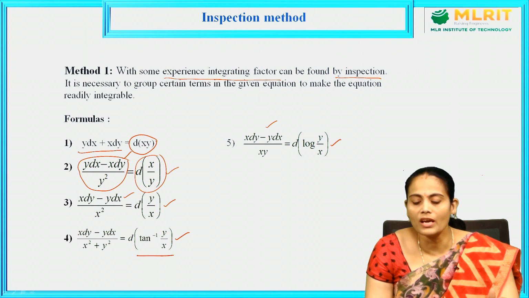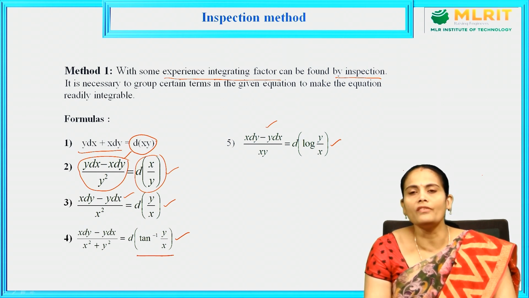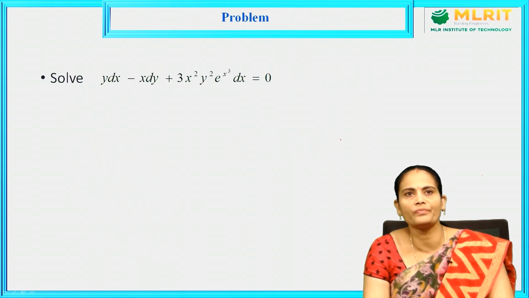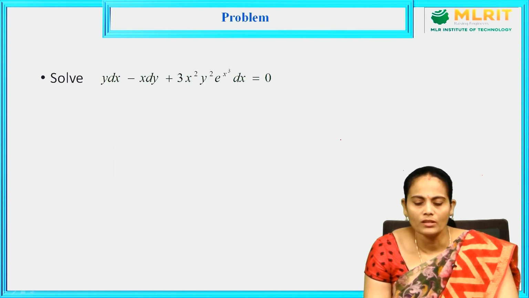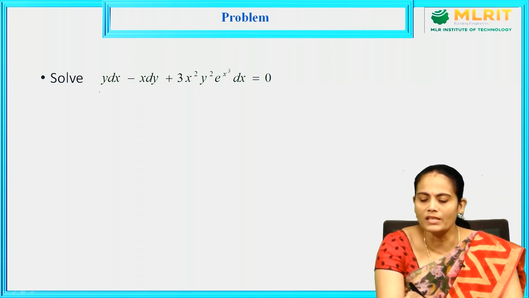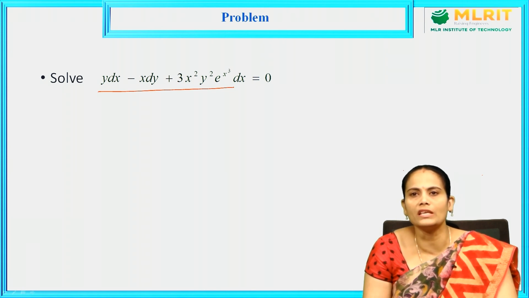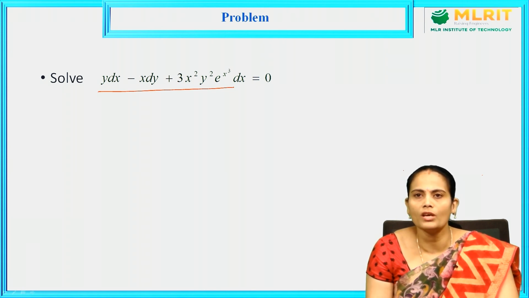So here we are using the inspection method. In the inspection method, we are using the following differentiation formulas. Now let us see one problem on the inspection method. Solve y dx minus x dy plus 3x square y square e power x cube dx equals 0.